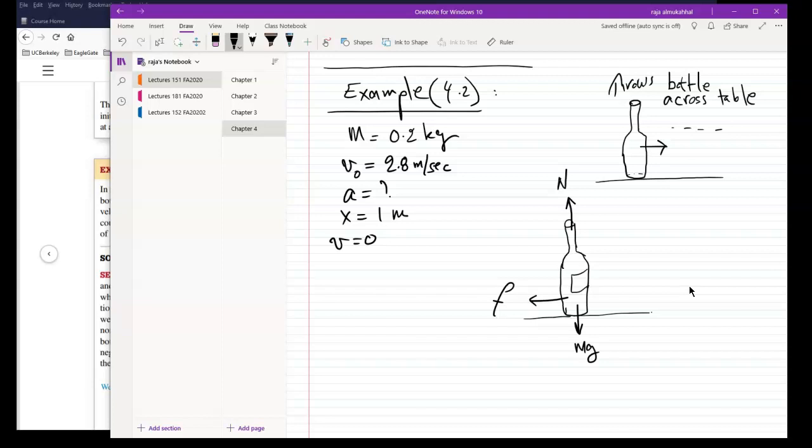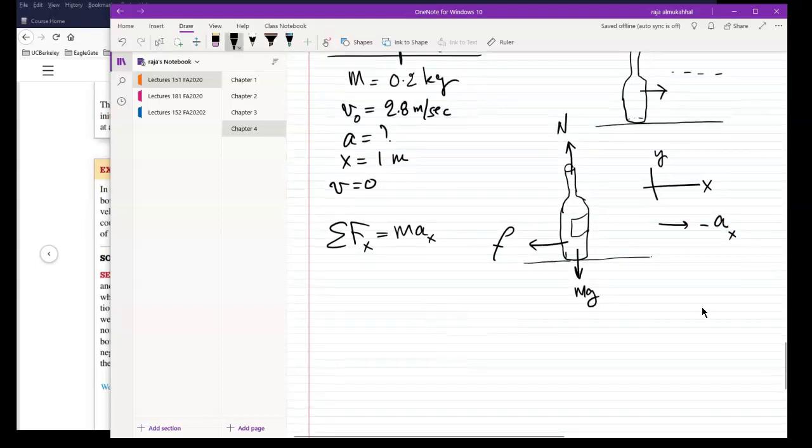Now, the motion is along the x-axis, not the y-axis, and therefore the sum of the forces in the x direction equals ma, and of course the acceleration, which is negative, is in the x direction as well. So that's going to be like that with a minus sign. Don't forget that minus sign because it's decelerating. But believe it or not, this minus sign will come out automatically. I'll show you in a second.